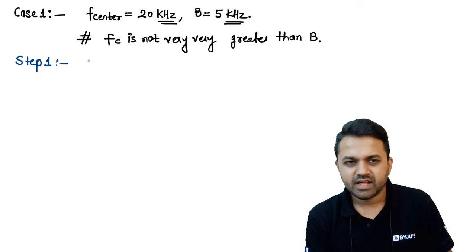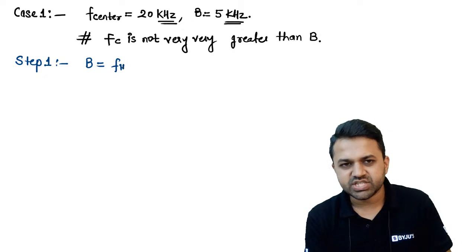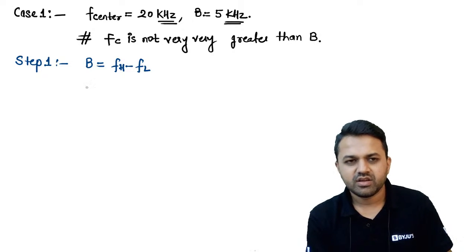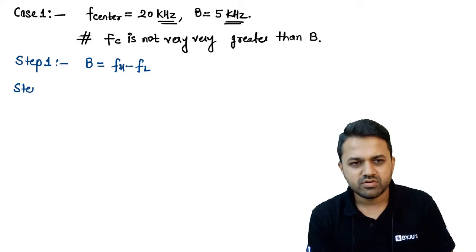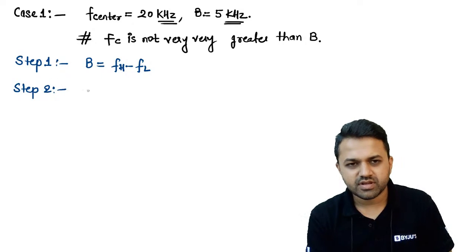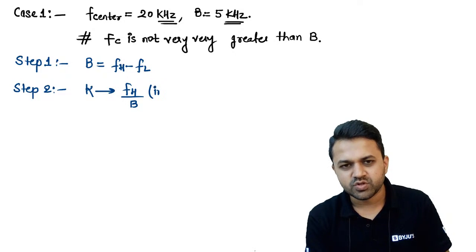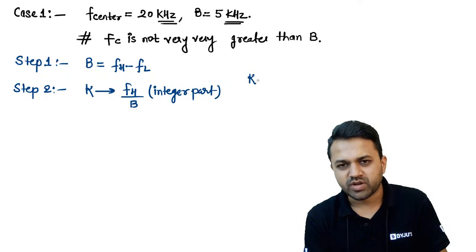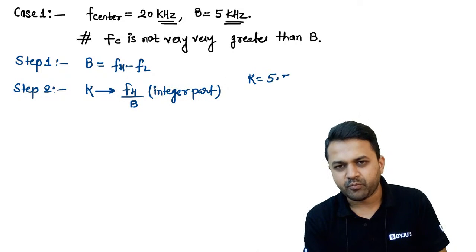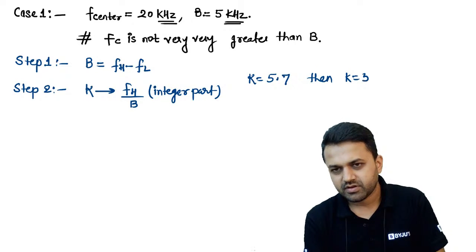Step 1, calculate the bandwidth by FH minus FL. Step 2, calculate the value of K, which is FH upon B, in which you choose only the integer part. That is, if you calculate K and get 5.7, then the value of K will be 5.